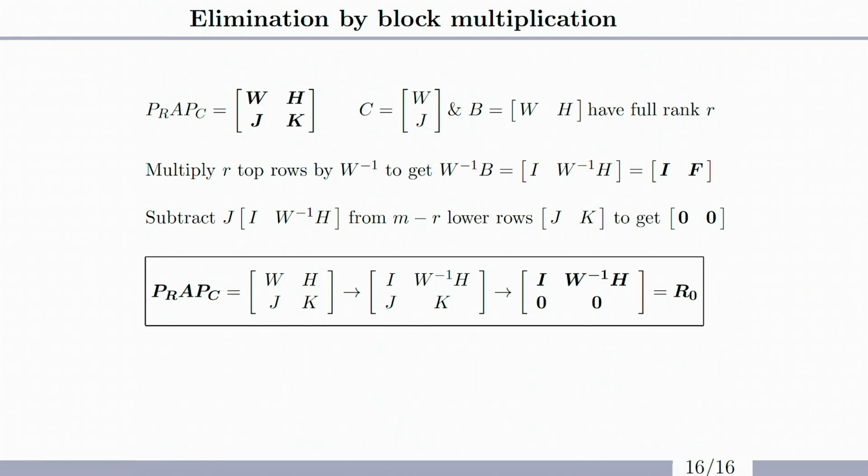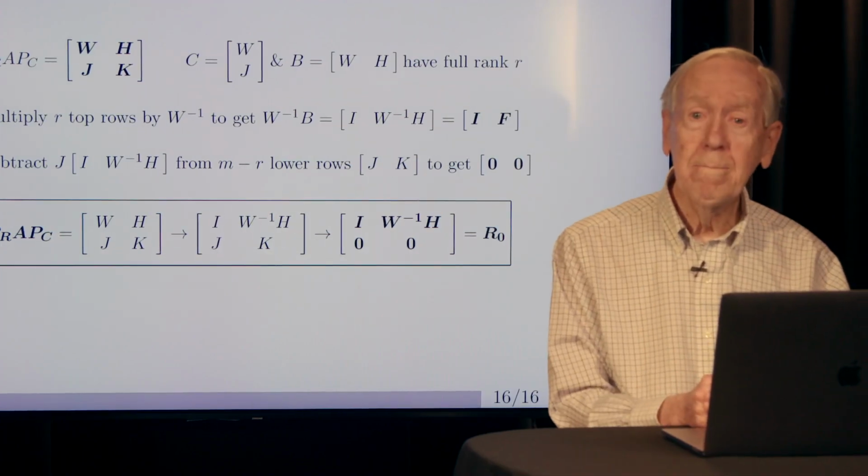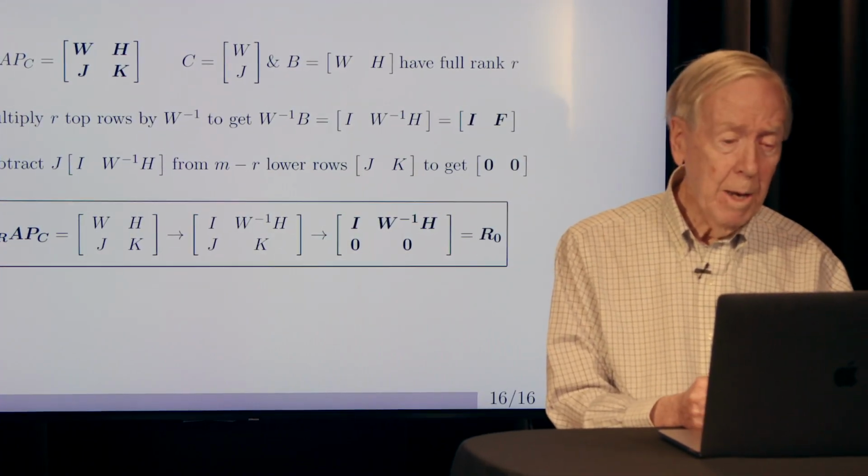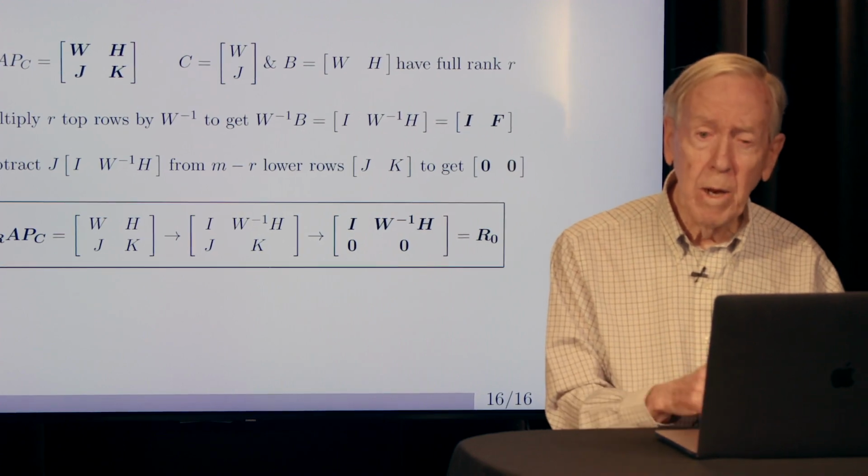So that's what elimination is doing in real shorthand. It's taking a 2 by 2 block matrix to that matrix R at the end with a 0 block row and an identity block in the upper corner. So that is elimination and finding the null space.